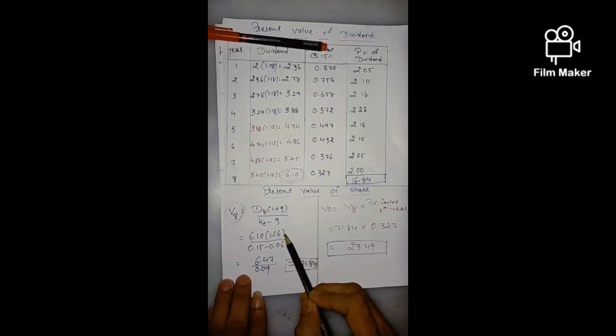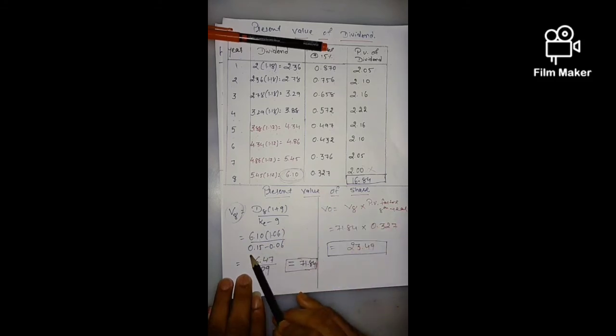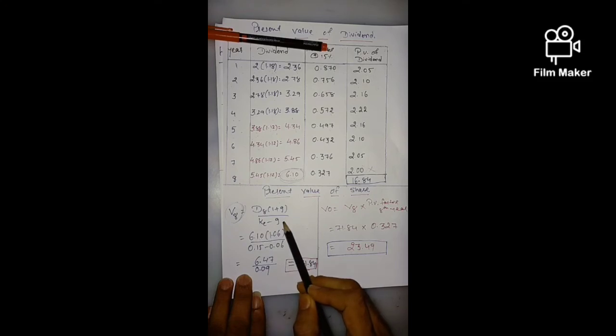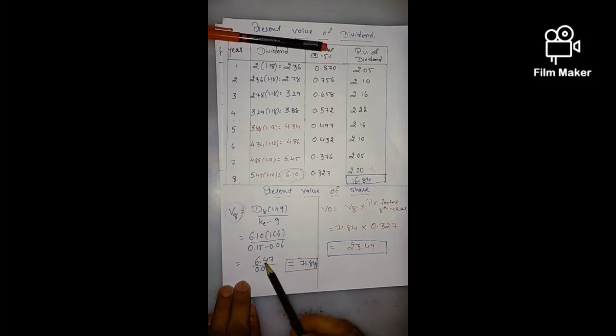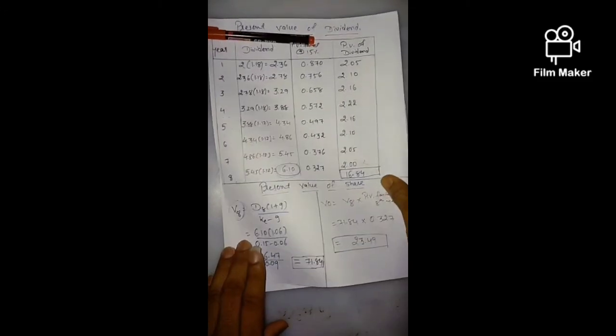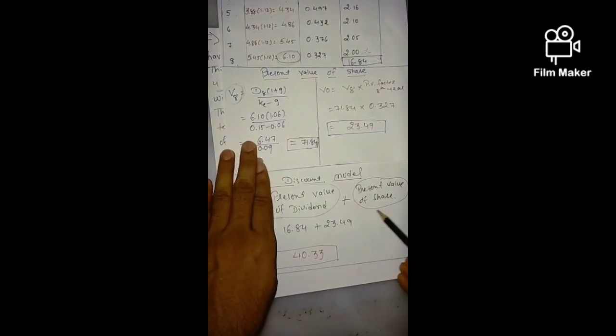We add the 6% growth rate, or whatever the constant growth rate is. So this is 6% divided by the expected rate, which is Ke minus g. So the value of share after the 8th year is 6.47 divided by 0.09, that is the difference between expected rate and growth rate, and the value of share after the 8th year will be 71.84. But still we cannot write 71.84 at this place, because our job is to write the present value.